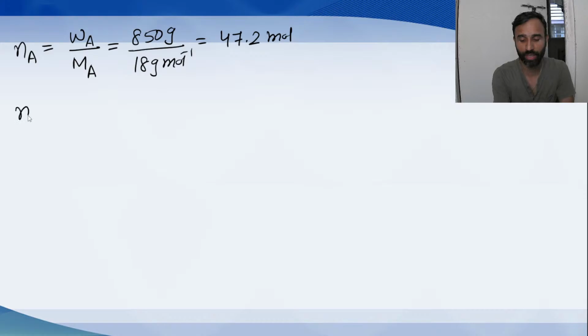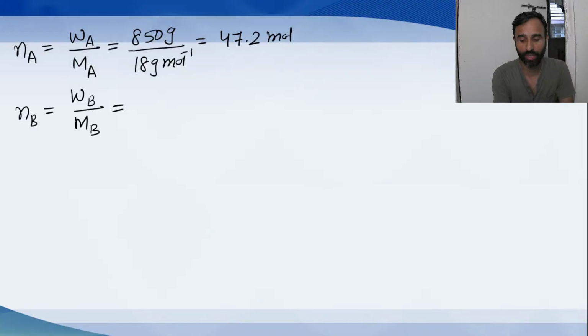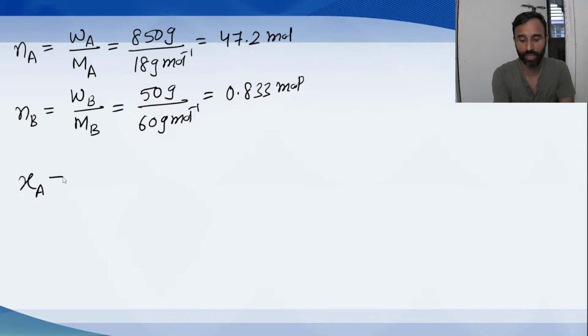Now NB, WB by MB. What is WB? 50, divided by 60. 50 by 60. So it is 0.833 mole.